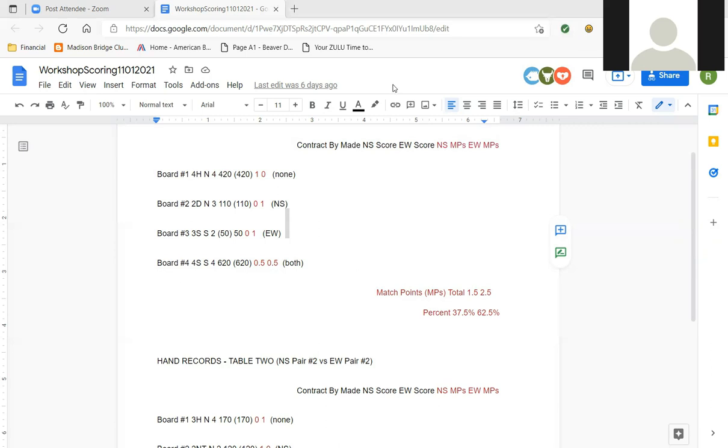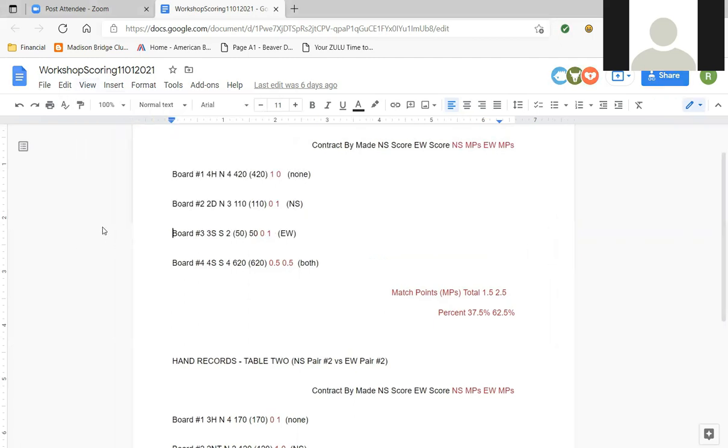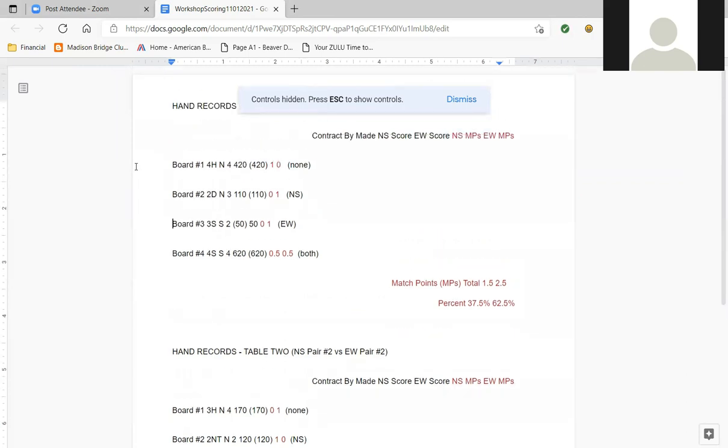So we've got 2 tables of people playing bridge here. If they were playing social bridge, they might be sitting right next to each other, but they would be playing different hands from each other. Each table would be dealing out the hand one at a time, and they would play it and then go on to hand 2. They're not going to end up playing the same hands. They're just going to be playing different hands.